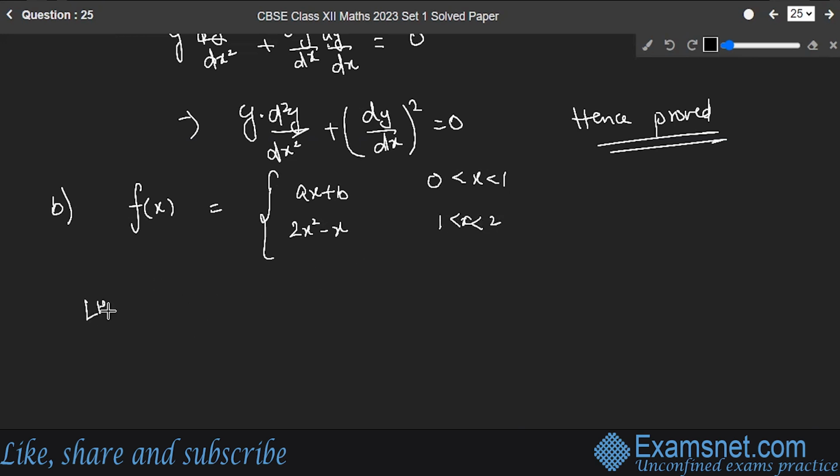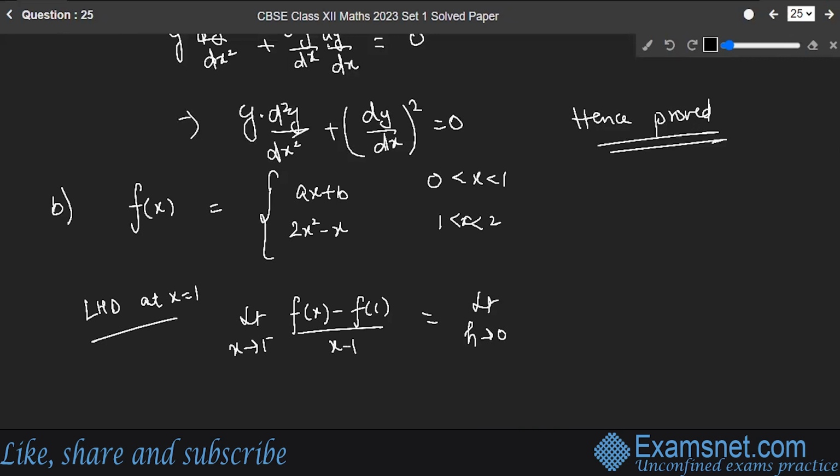Now, left-hand derivative at x is equal to 1. Limit x approaching 1 minus, f(x) minus f(1) upon x minus 1, is equal to, this can be written as limit h approaching 0, f of (1 minus h) minus f of 1, upon (1 minus h) minus 1.